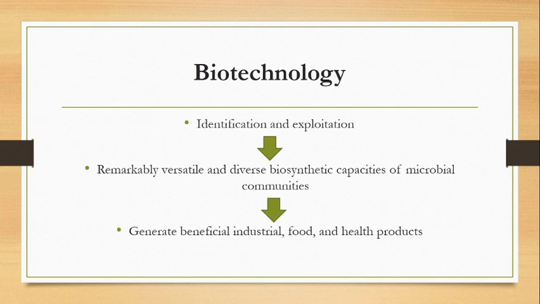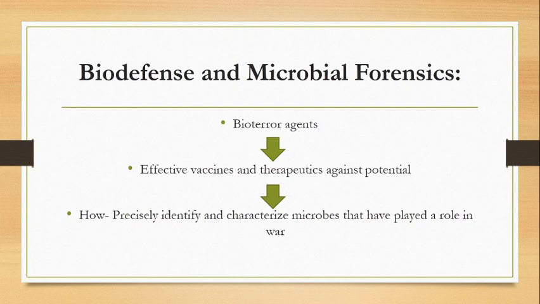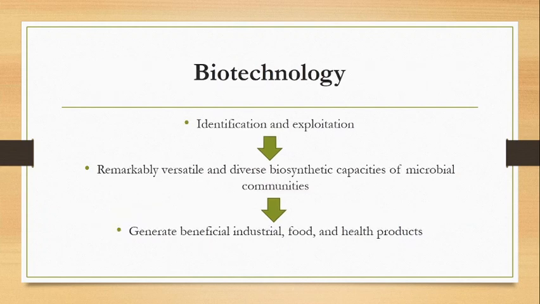Okay, next is how metagenomics is going to be helpful in biotechnology. Biotechnology is a remarkable science. It deals with industrial as well as food as well as health products, to generate industrially important products.